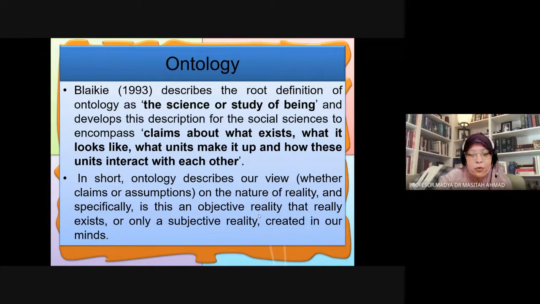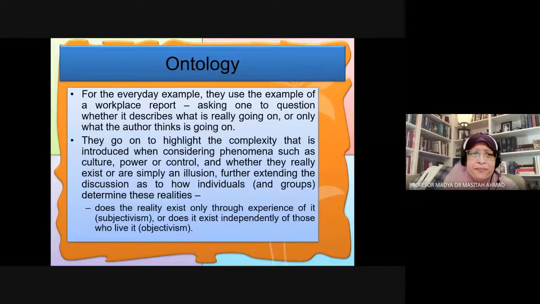You will relate it to whatever you find in chapter 2, and then put it in chapter 3 so that there are connections between chapter 2 and chapter 3. Okay, so that is about our ontology.